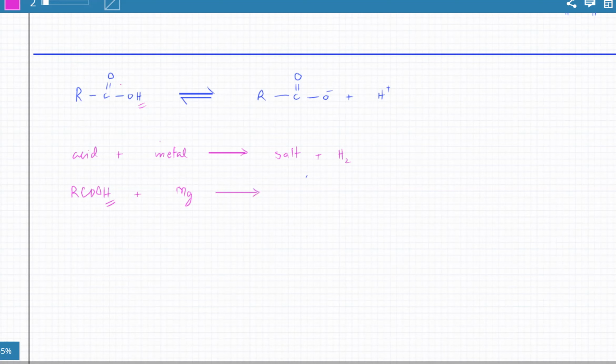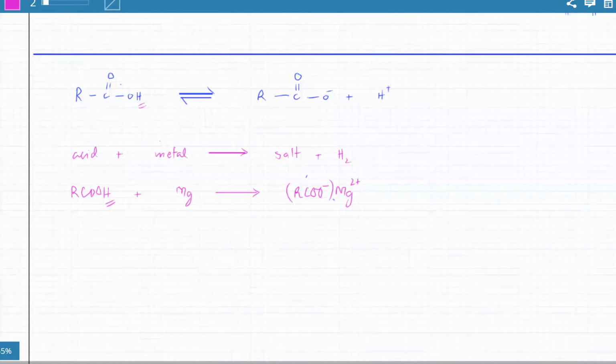So it's going to become RCO minus 1, and Mg would be group 2, so it's 2 plus. So the formula of the salt, if you do crisscross, is going to be this, plus hydrogen gas is going to be released. And you can balance this equation, it's going to be 2 RCOOH. So always remember the salt is going to be produced in the same way.